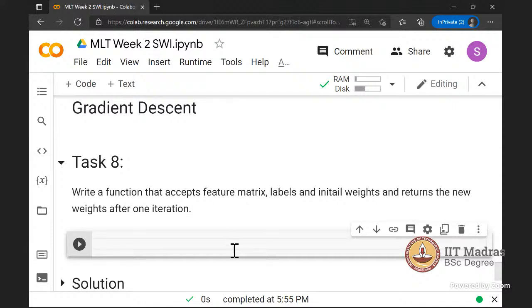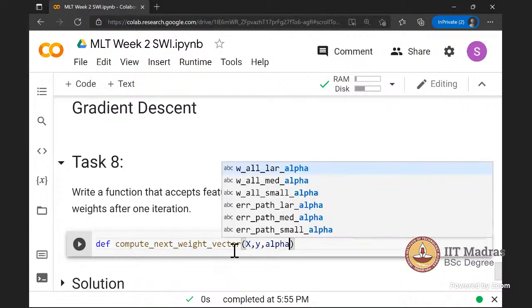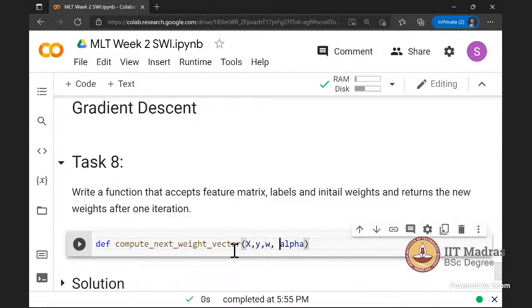For this task, you can assume a function taking X, Y, one more parameter which is called alpha, and W.